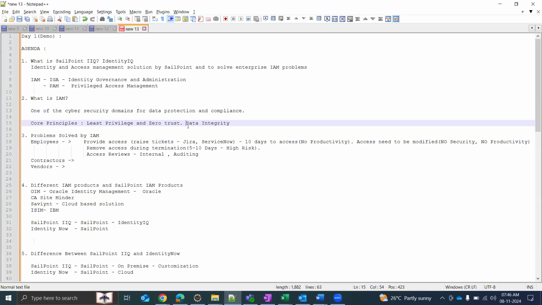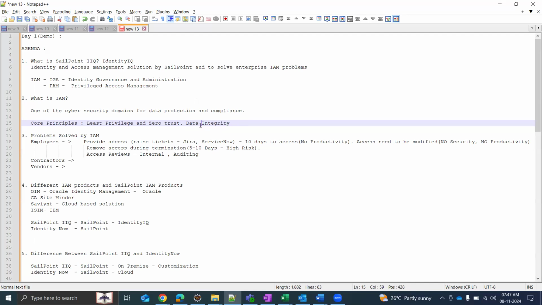And at the same time, we have to take care of data integrity. So when we say the term integrity, it means whatever data we are handling is not tampered with by unauthorized people. Let's say while implementing our SailPoint IIQ, we deal with a lot of personal information.